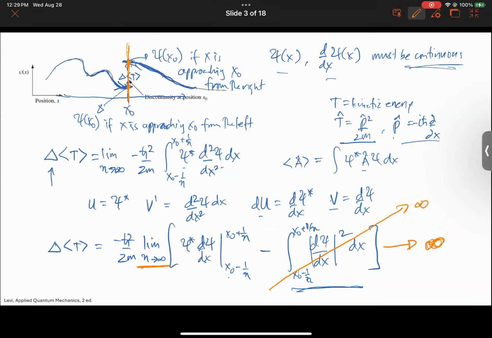That energy has to come from somewhere. So there's no infinite energy, and we know from energy conservation na energy is finite, di ba? So this idea na yung change in the expectation value of the kinetic energy is infinite has no physical meaning. Okay, that is why yung psi of x ay kailangan na continuous.